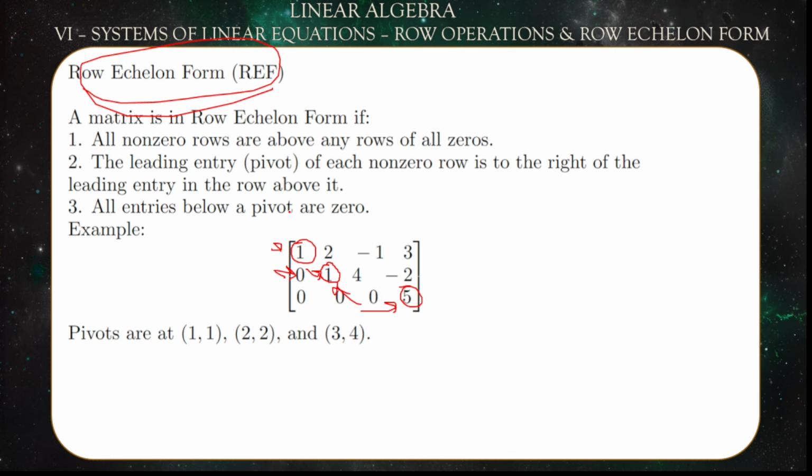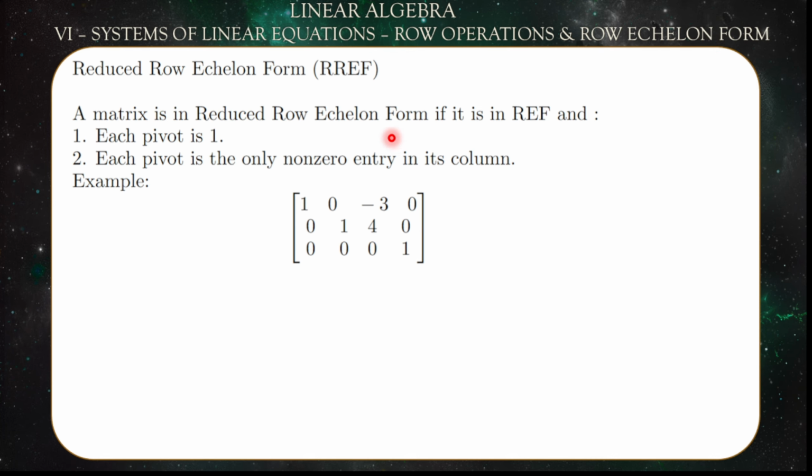Then all entries below a pivot are 0. Below this pivot, which is 1, the entry below it is 0. And for 5, there's nothing below it. This is also a pivot, in the third row, fourth column. This is not a pivot because it's not part of the leading entry, so to speak.